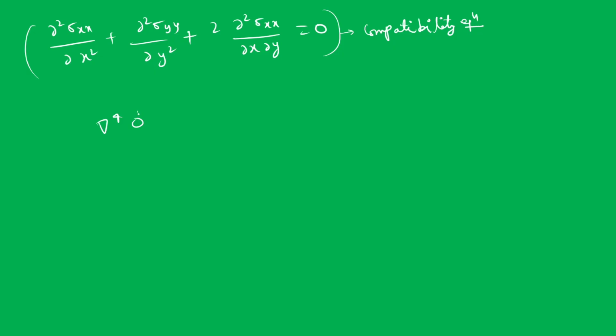And then there comes one another thing, that is del square square phi is equal to 0. Okay, and this equation is biharmonic.